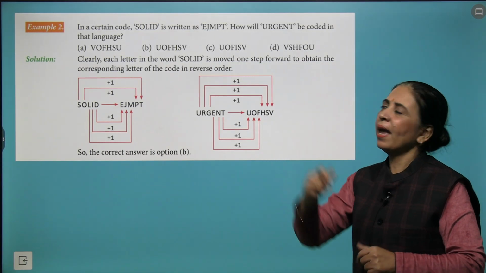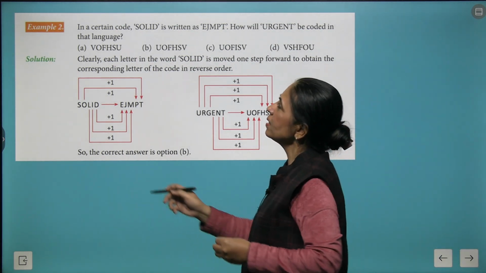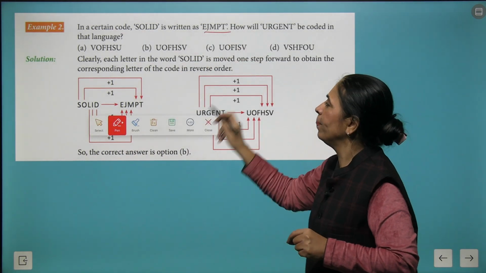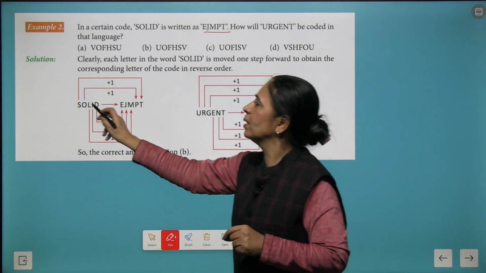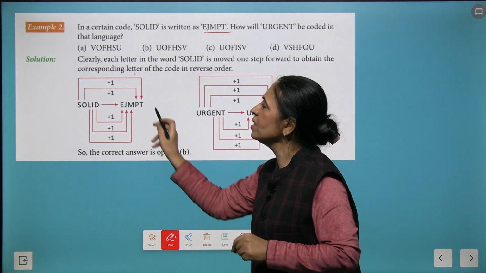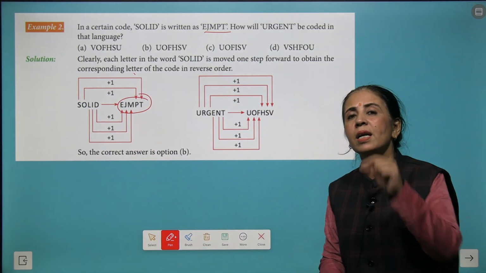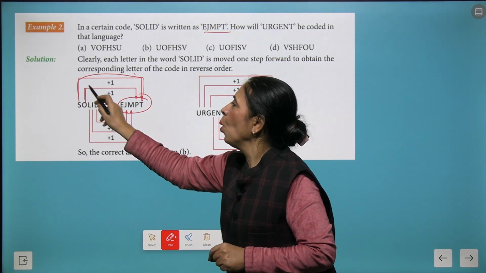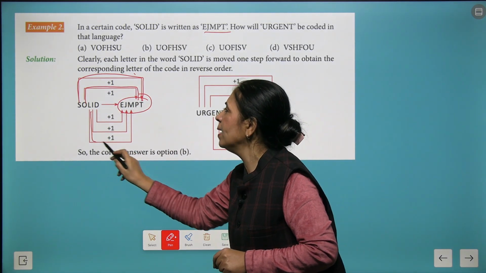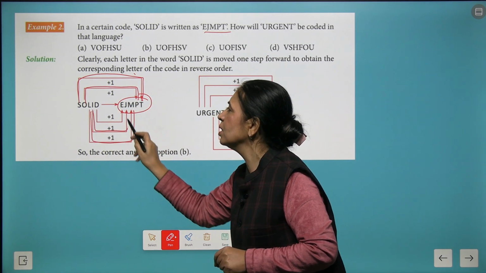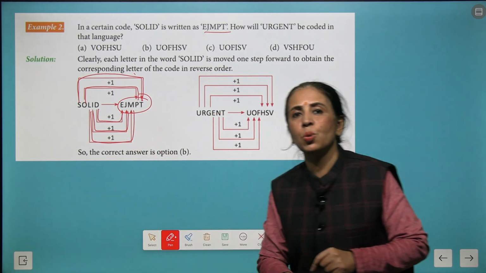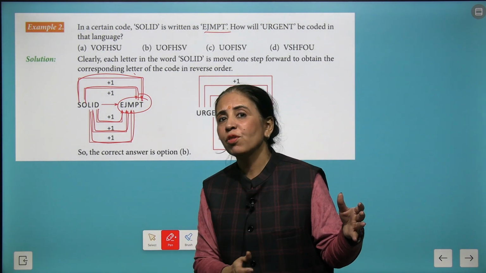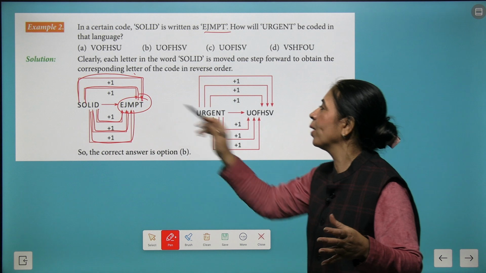Moving ahead, I have another question. In a certain code, we write solid as EJMPT. Now, when you check the coding, we have just reversed the word and +1 is done. S turns to T, O turns to P, L turns to M, I turns to J and D turns to E. That means we have reversed, and every time after reversing, +1 is done to create this code.